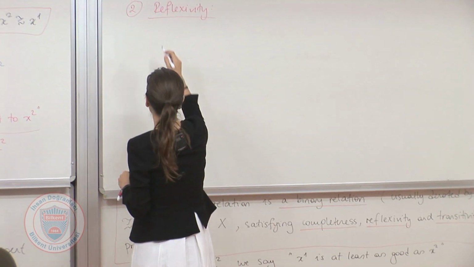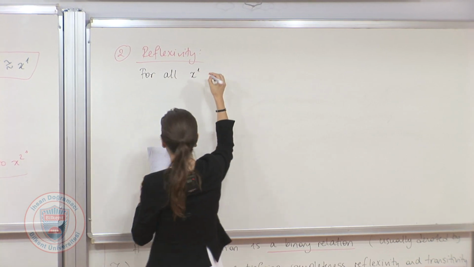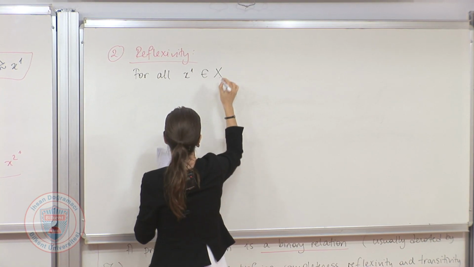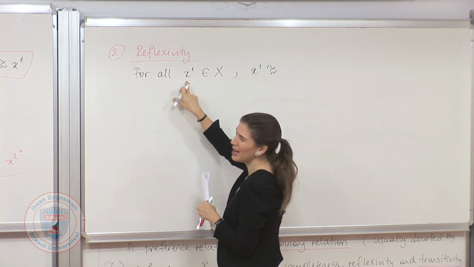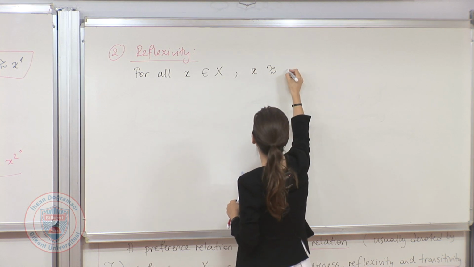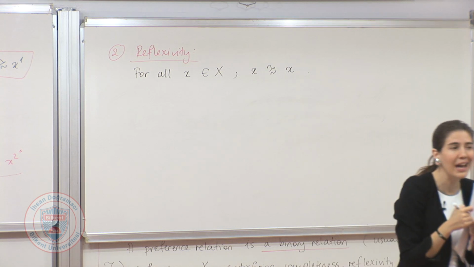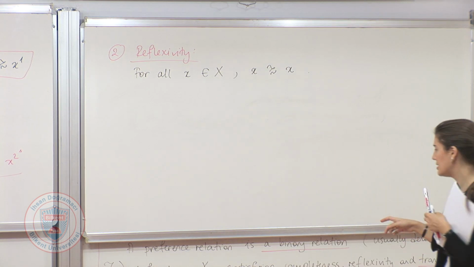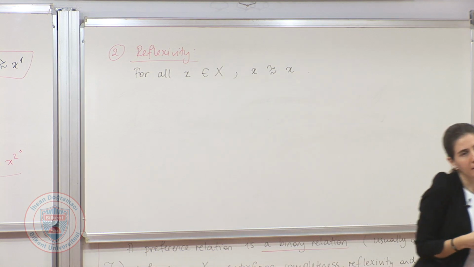But let's write this. For all x1 element of X, x1 is at least as good as itself. I could have put x here too, if you want. It means that for any alternative in this set X, it should be at least as good as itself.